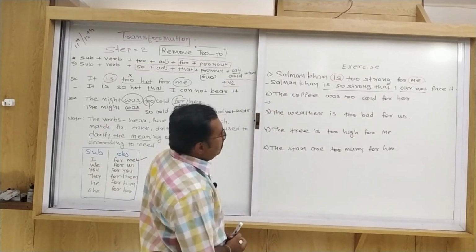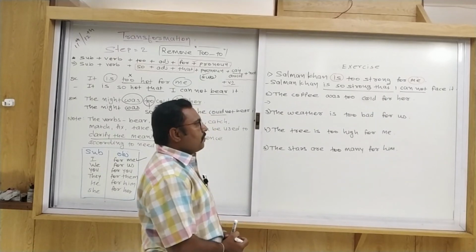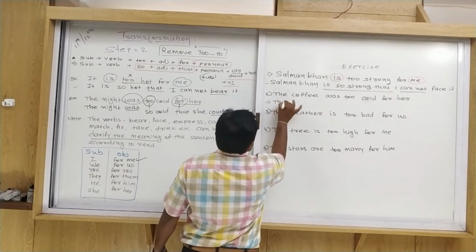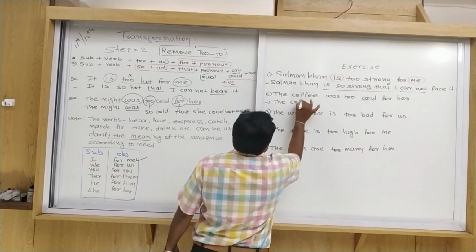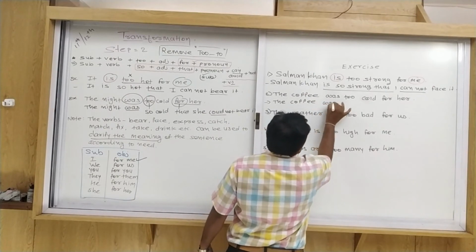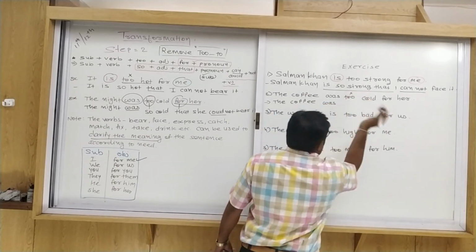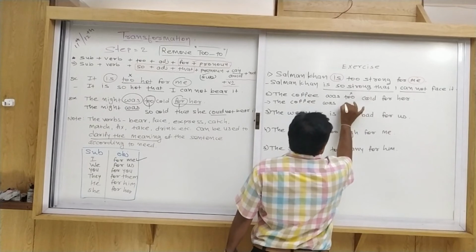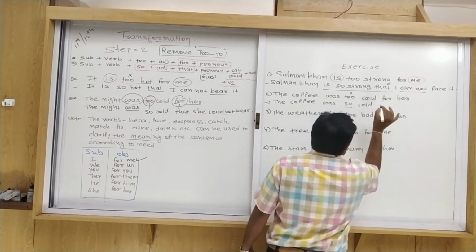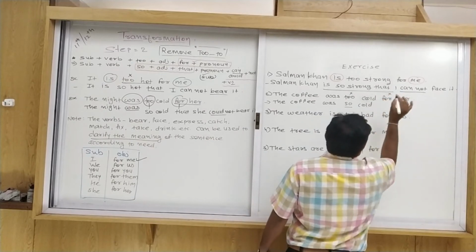The coffee was too cold for her. So, first of all, coffee is given here. So, the coffee was, so we write here was, removing too, then so, cold, adjective cold, removing for.